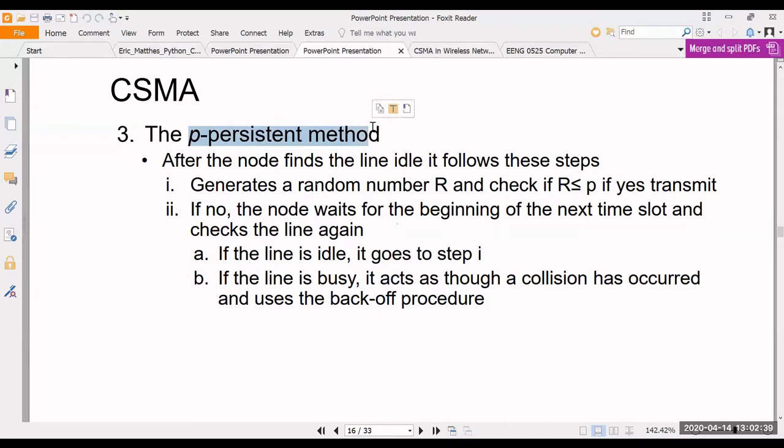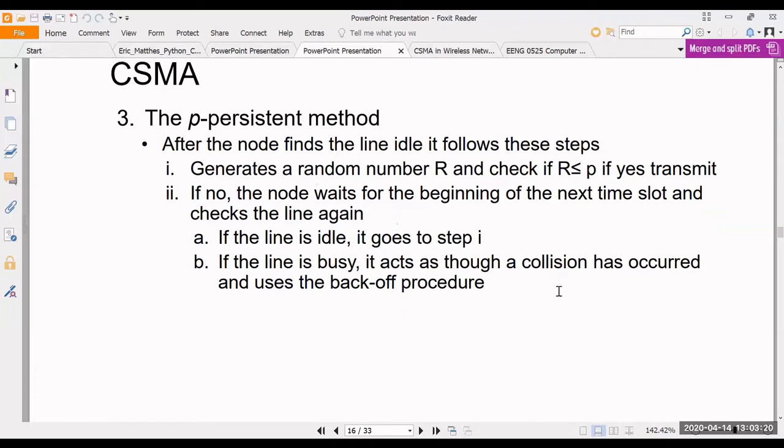The reason I was confused is that when I was searching online, for this same P persistent method they are using 1 minus P: if it's less than 1 minus P, then it will transmit. They didn't generate a random number R and check if it is less than or equal to P. They were using 1 minus P. Can you explain that? How does it work?